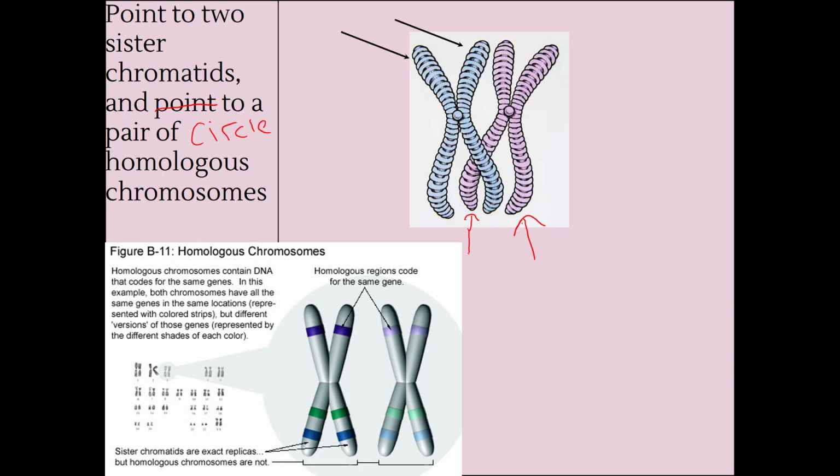These are sister chromatids. Now, the 4 of them together, these are our homologous pairs. These are our homies. Again, if you want to label that in your notes, you can write out homies or you can write out homologous chromosomes, whatever floats your boat. And then you can write sisters down here, so sister chromatids.